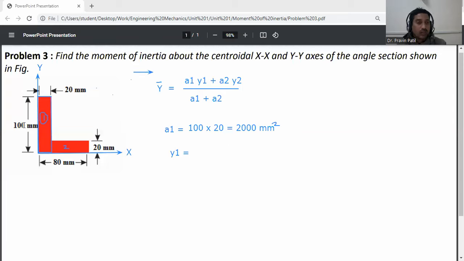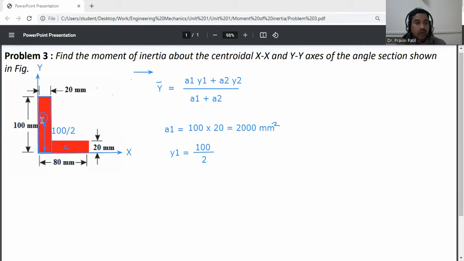So y1 is measured from the x-axis. It is the center of this depth, the total depth, which is 100 divided by 2. So this distance is 100 divided by 2. Okay, y1 is measured from the x-axis.